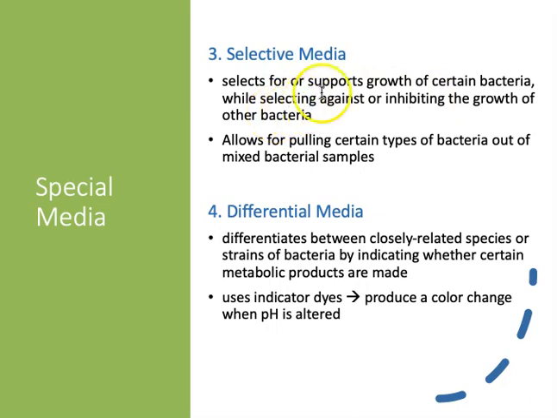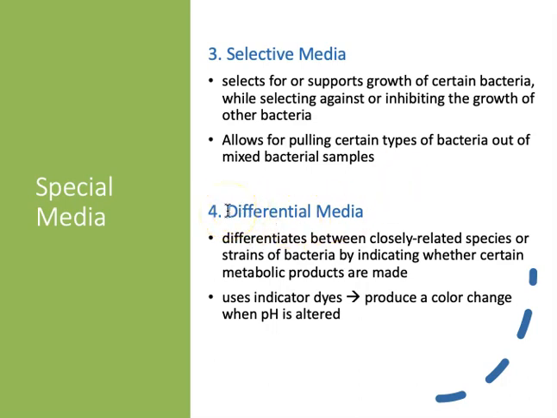In other words, this type of media selects for a particular type of bacteria that we want to grow, while inhibiting all the other kinds of bacteria. It allows us to pull out certain species of bacteria from samples that might contain mixed bacterial populations.